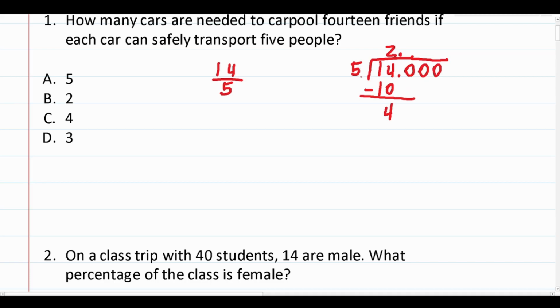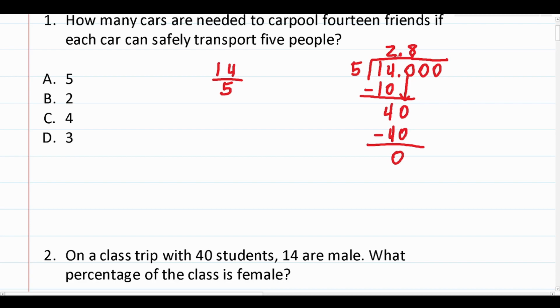And this is going to enable us to drop down one of these zeros, which makes the question, how many times does 5 go into 40? Of course, that's going to be 8 times, given that 5 times 8 is 40, and 40 minus 40 is 0.